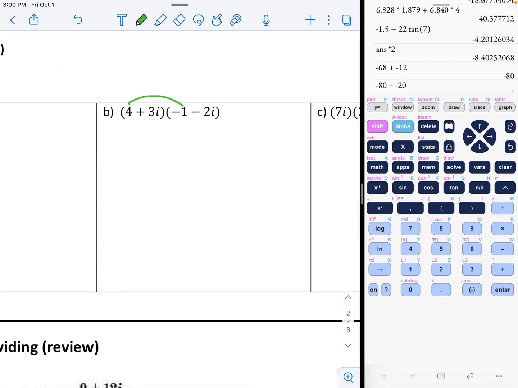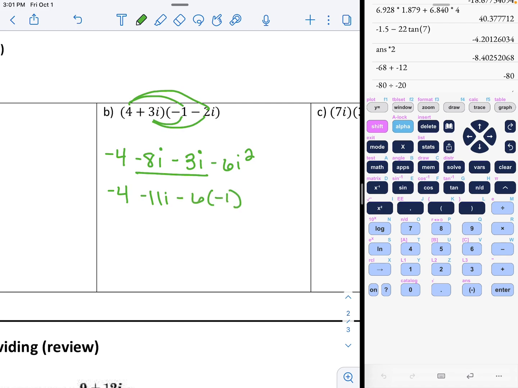So we'll distribute again. This time we have 4 things to do. So we get a negative 4 on our first arc. We get a minus 8i on our second arc, a minus 3i on our third arc, and a minus 6i squared on the fourth arc. I will go ahead and make my negative 8i and negative 3i into negative 11i. I will change my i squared to a negative 1.